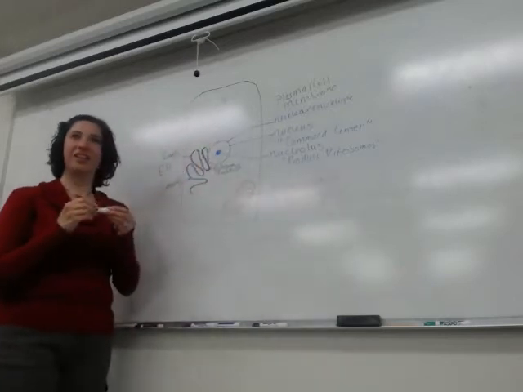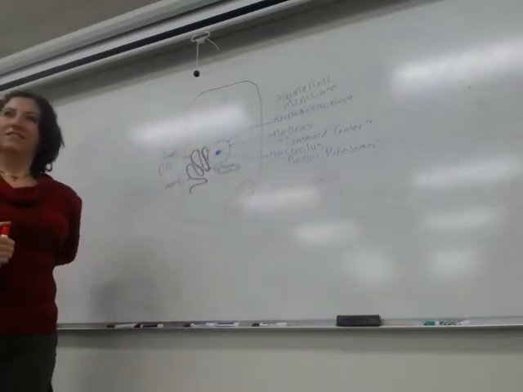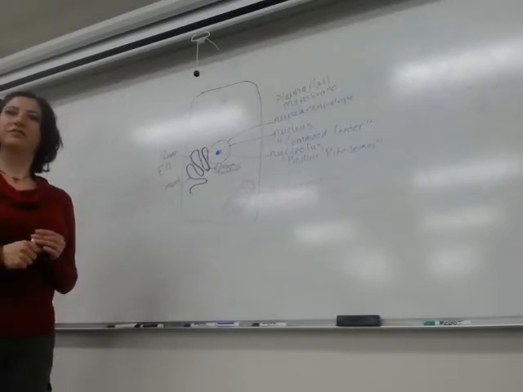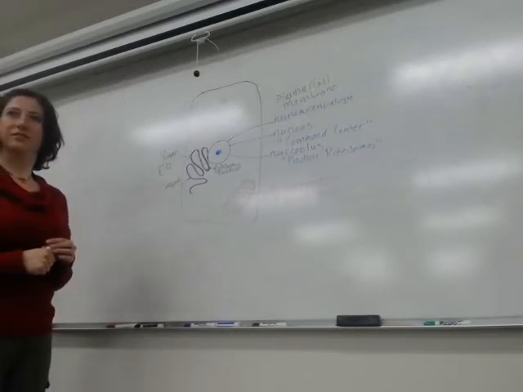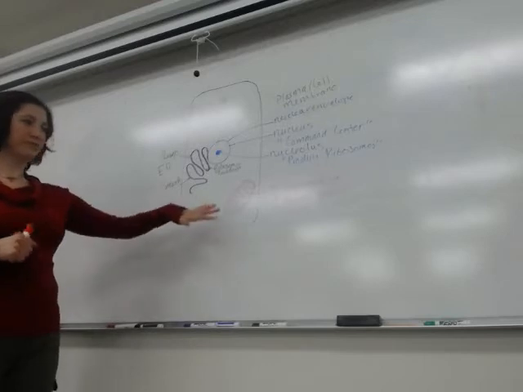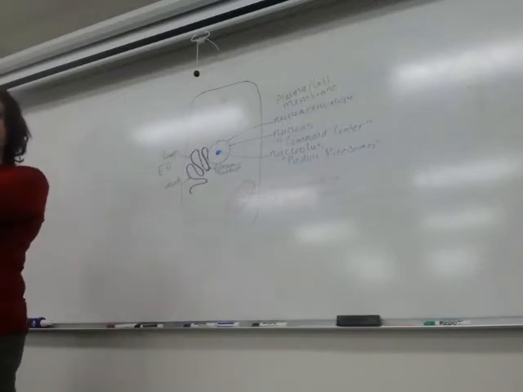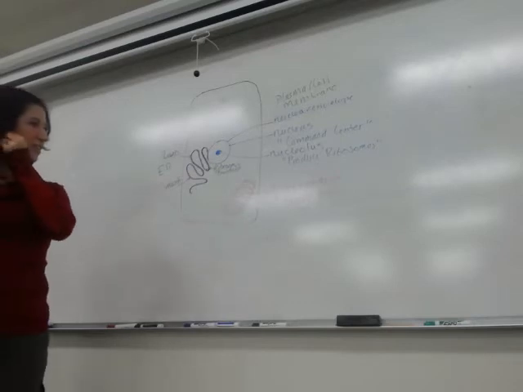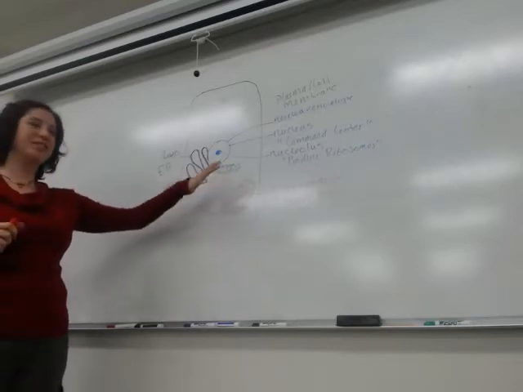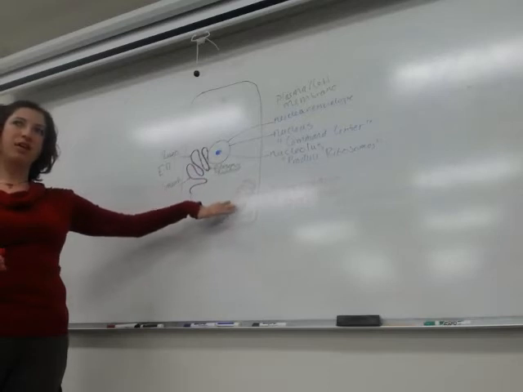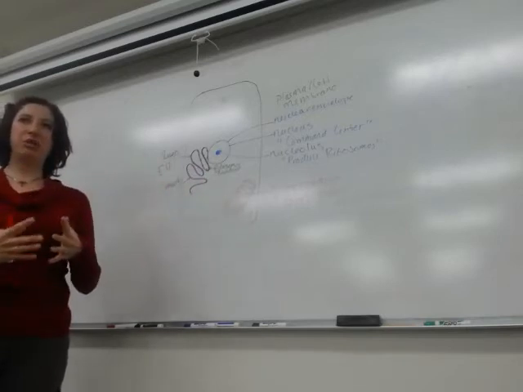Oh, you know what I was confusing? Nucleolus and mitochondria. I was confusing which one was the powerhouse. The mitochondria is the powerhouse. This is going to synthesize ATP, or put together the ATP molecule.